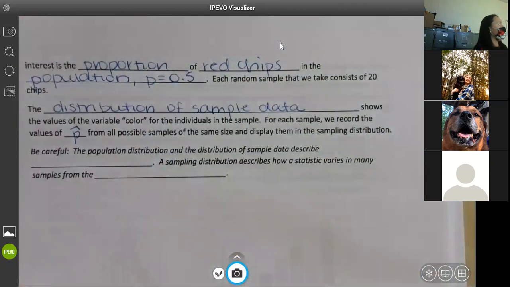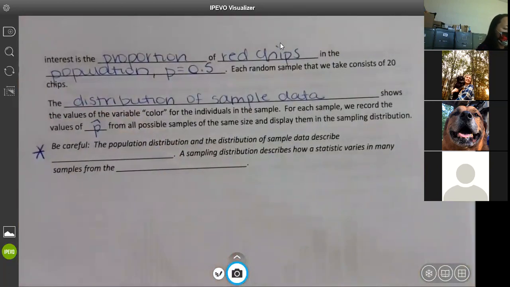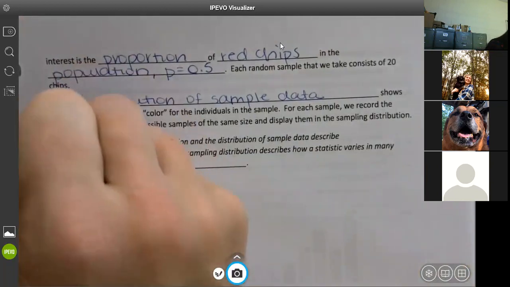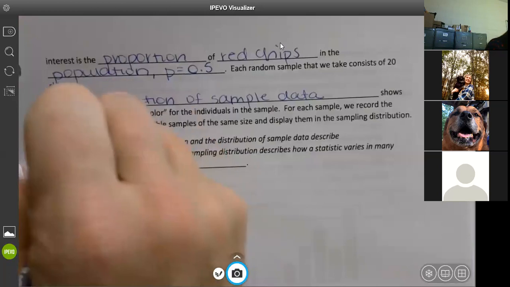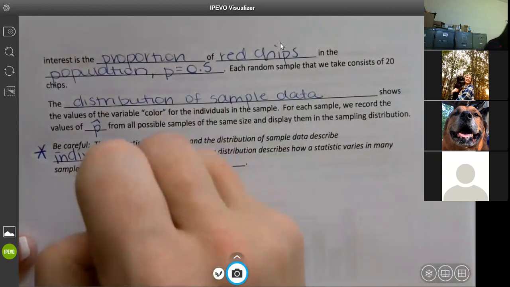So that's the proportion of red in your sample from all possible samples of the same size and display them in the sampling distribution. Be careful, this is important, be careful. The population distribution and the distribution of sample data describe individuals. A sampling distribution describes how a statistic varies in many samples from the population.